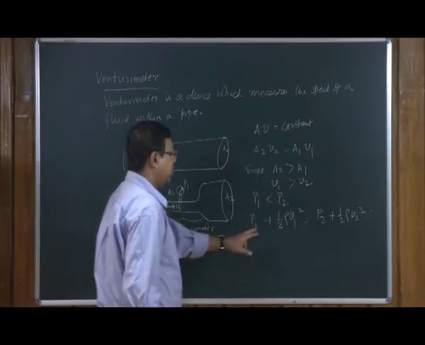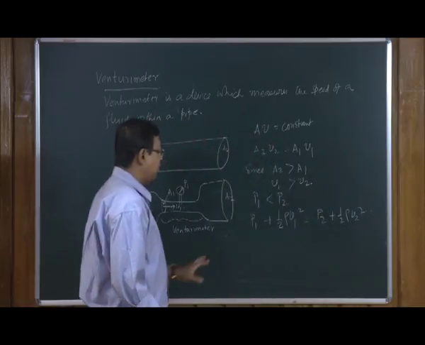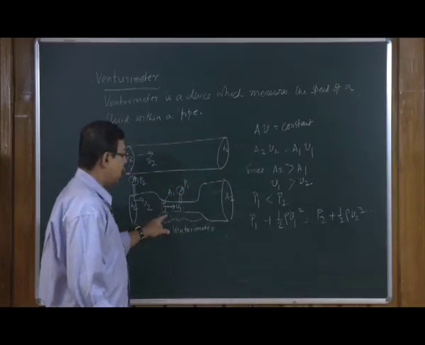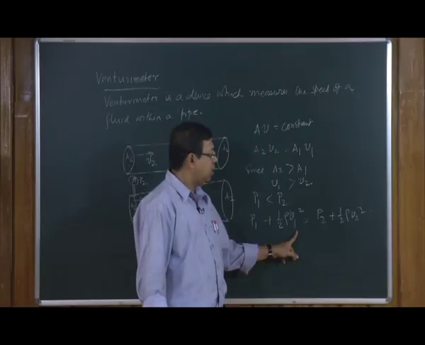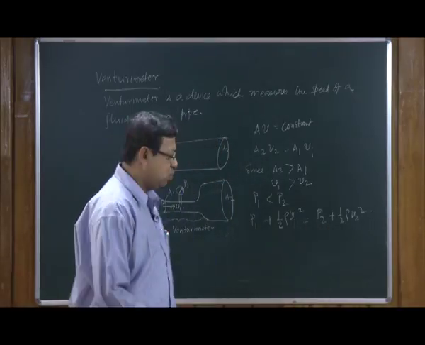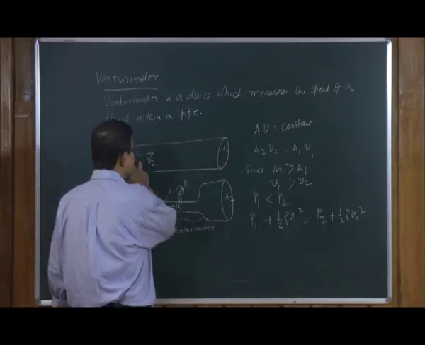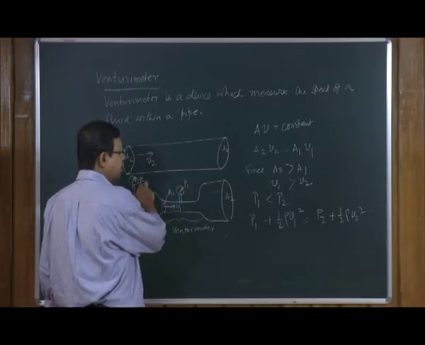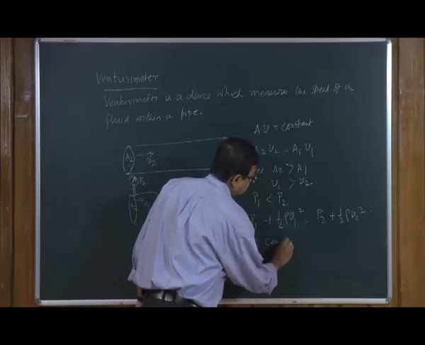So, we have not written the potential term, but from Bernoulli's equation, the pressure head plus the kinetic head at region 1 should be equal to the pressure and kinetic head at region 2. If we know V2, as I said at the beginning, and we have measured P1 and P2, then V1 can be determined.